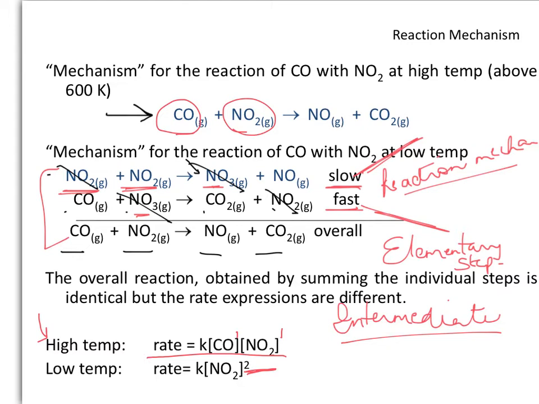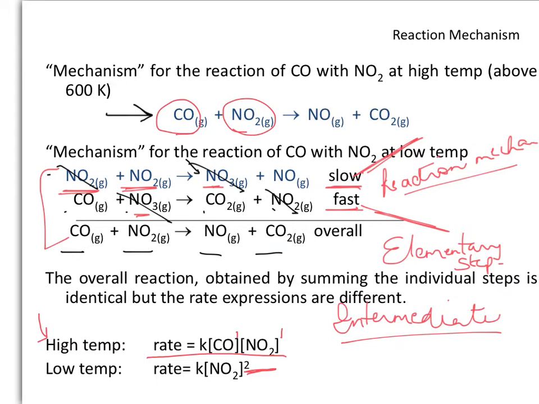So realize, by looking at the mechanism, by making certain measurements, you would be able to write down rate laws and hence be able to determine the order with respect to a certain reactant through writing mechanisms. How do we do that?